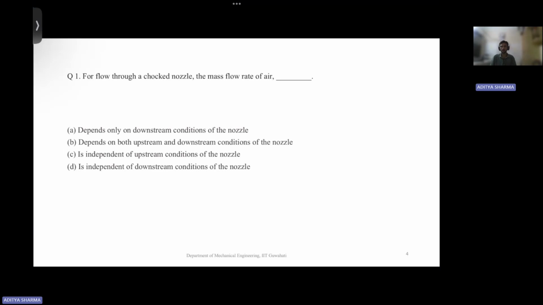Please have a look at this question and then we will discuss this.